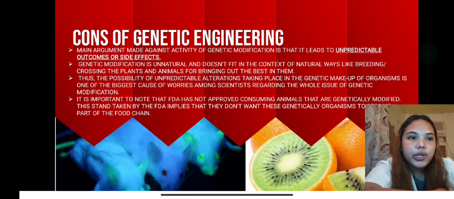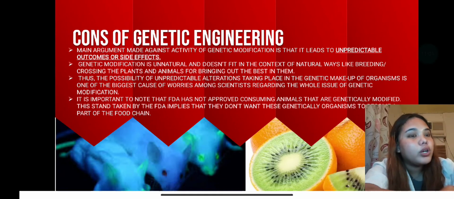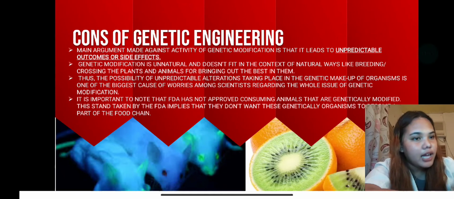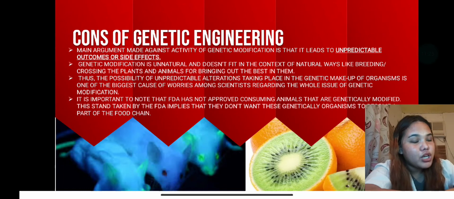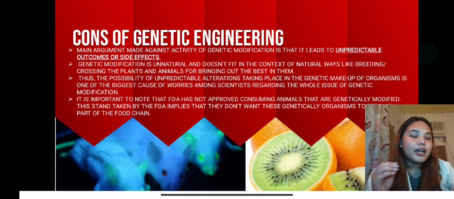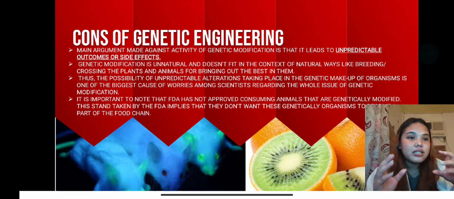There may be an increase of allergic reactions or food intolerance when it comes to an ingredient that has been modified, so we can never tell, right? For example, we are all different, like you are allergic to shrimp, I'm not, and I am allergic to chicken, you are not, right? We can never tell because GMOs are composed of other DNAs that have been combined.